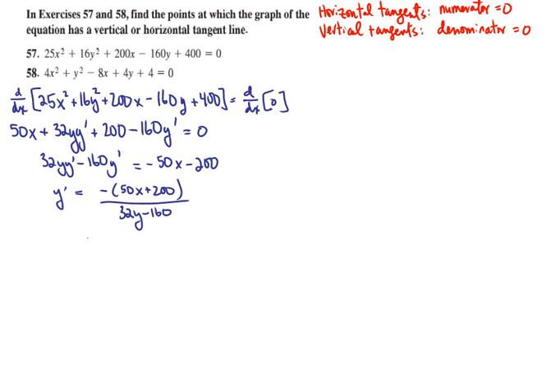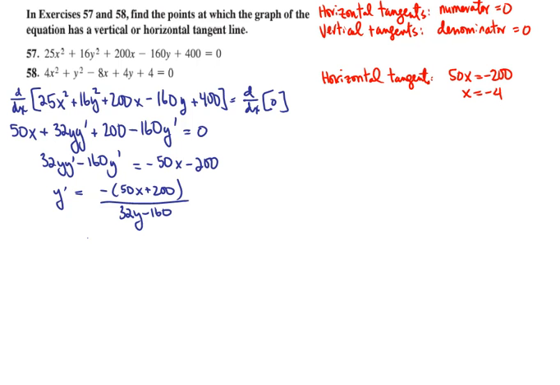So going back to our original statement that horizontal tangents will occur whenever the numerator is 0. In this case they will occur whenever 50x is equal to negative 200, or x is equal to negative 4. Now, it's not enough just to know that x is equal to negative 4, because this is not just a function here.